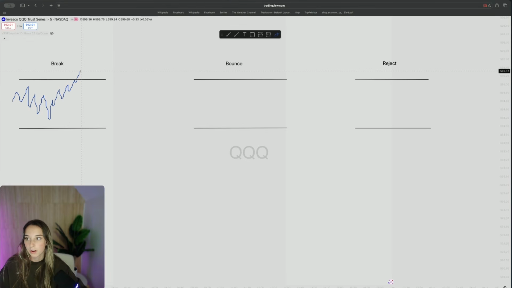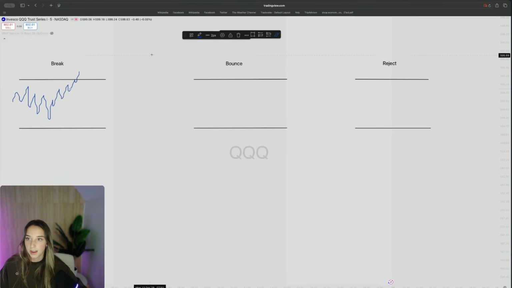So we want to look for a 5-minute displacement candle above our level. That means a bullish candle going in this direction that shows strong conviction that buyers are present. I will also show you in live backtesting my other confluences for entry. So we're looking for that break, and then we could get that retest back to our level and then a continuation higher. This is the first type of entry that I'm looking for.